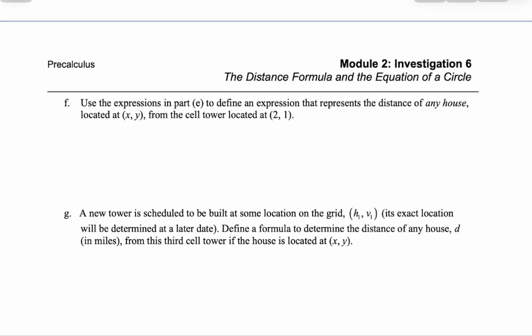So if we want an expression that just uses x and y, we're just still going to use the distance formula. Usually we like to keep the x and y as positive things. So we're going to make this the ending location. So let's make that, our x2's are going to be replaced with just a plain old x.